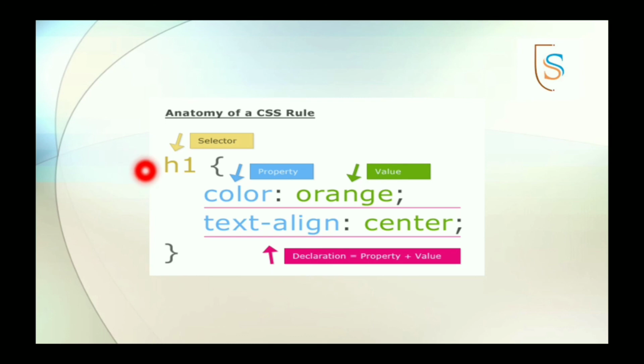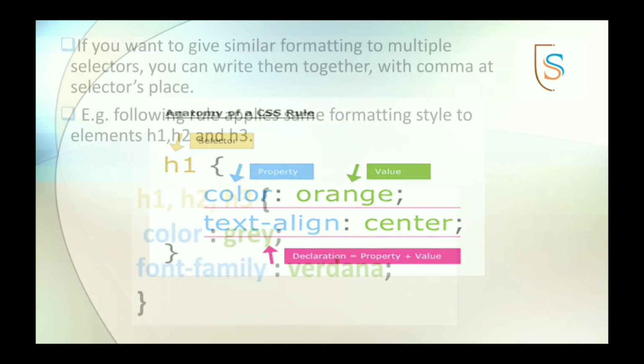The values in blue color are the properties and the values in green color are the values, and the complete line, underlined in pink, is known as the declaration. A declaration is equal to property plus value.